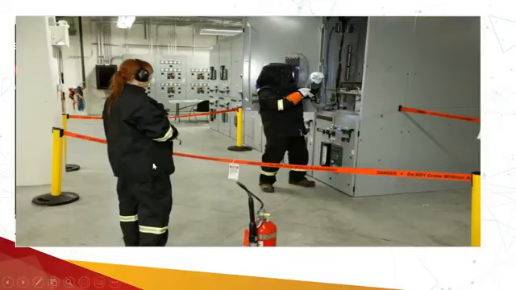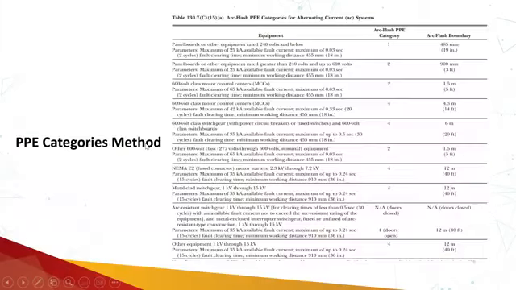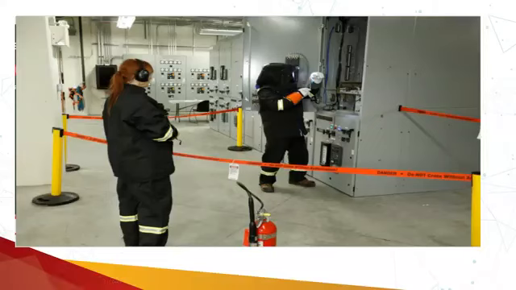She is wearing personal protective equipment of arc rated PPE, having a fire extinguisher with her, and standing outside the limited approach boundary or the arc flash boundary, whichever is greater, or this is a barricade area. This barricade could be equal to the limited approach boundary or the arc flash boundary, whichever is greater, or this barricade area could be outside those boundaries as well.